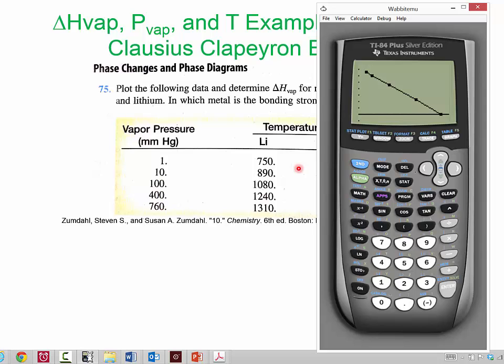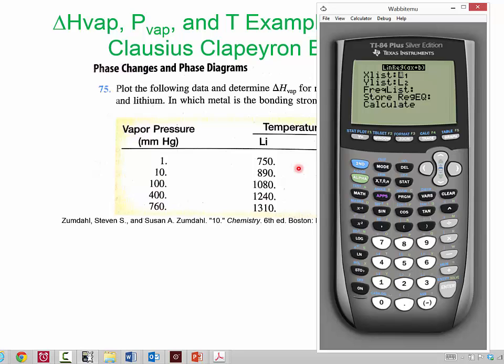So what I'm interested in though is our line equation. So I go over to stat, and then I go over to calc. I'm going to scroll down to number 4, or I could just hit number 4 here. And our X list is L1.